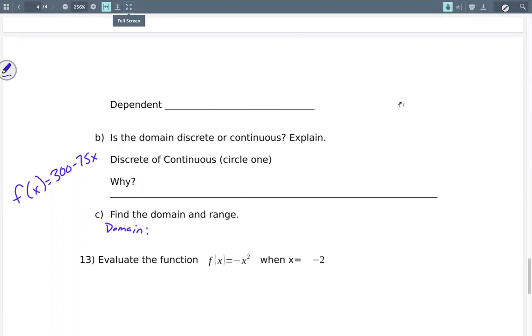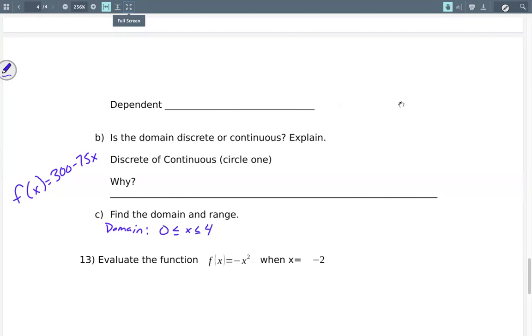I have to figure out, like, how long will it take me to go 300 miles? Now, why is that significant? Because once I get there, I can't go negative miles. So I come up with 4. So my domain is going to be anywhere between 0 hours and 4 hours.